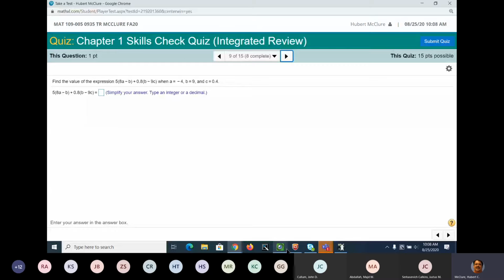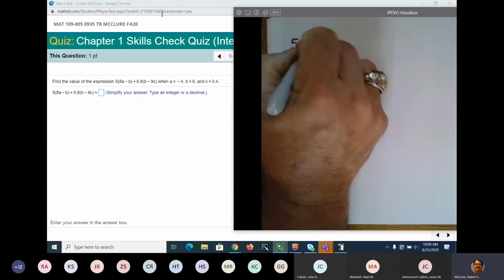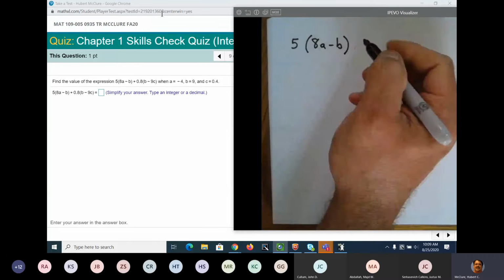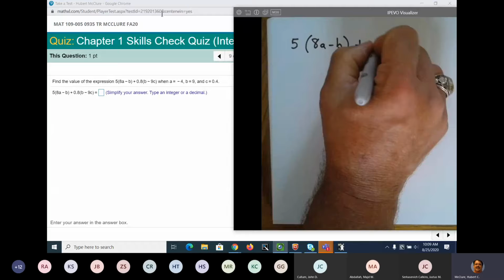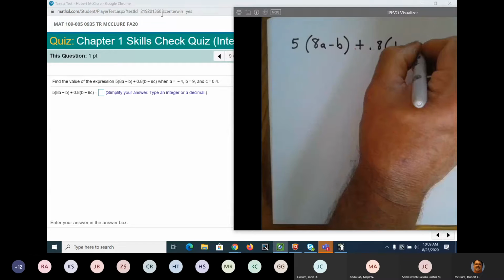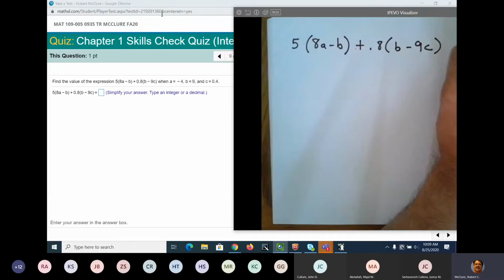So here we go. That's going to be 5 times 8A minus B plus 0.8 times B minus 9C. A is equal to negative 4, B is equal to 9, and C is equal to 0.4. I'm going to move this over so y'all can see it.